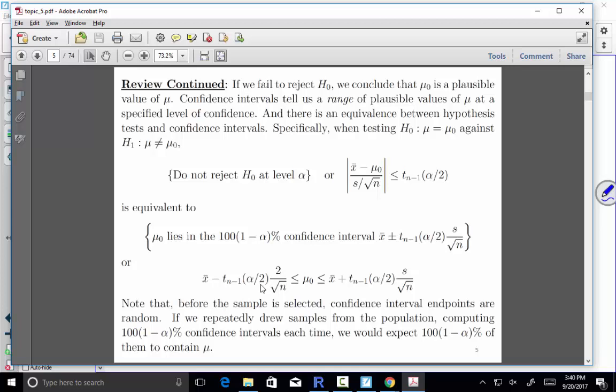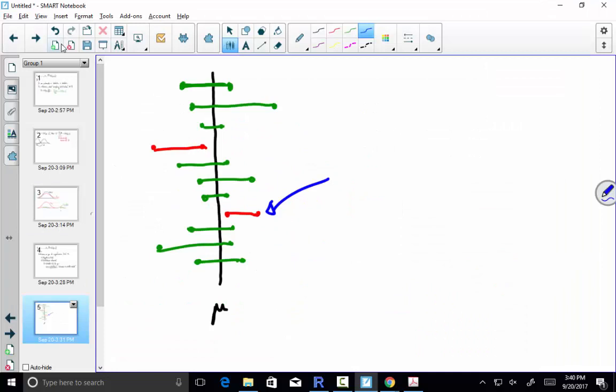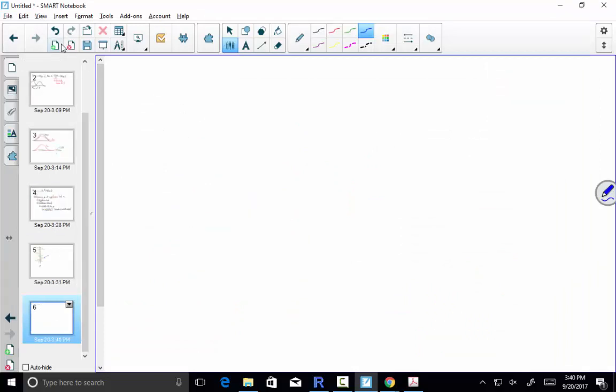In order to make the total area of rejection equal to alpha, we go out to where there's alpha over 2 to the right and alpha over 2 to the left. So this t_{n-1, alpha/2} is going in either direction.